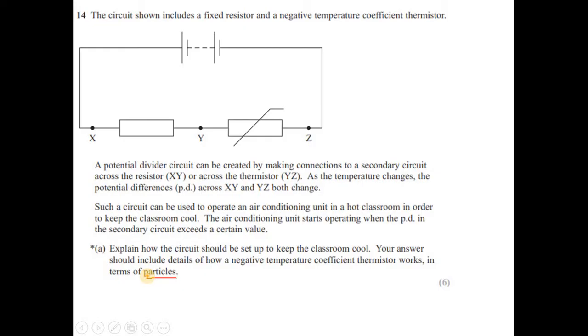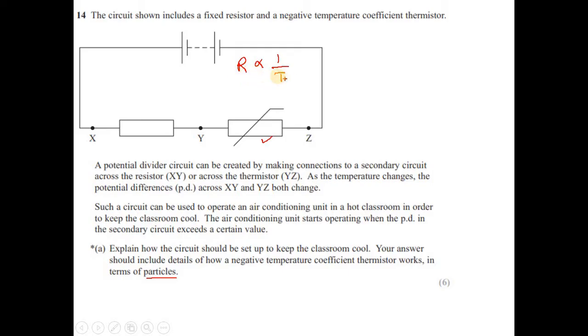So you remember that the thermistor, which is this component, has a resistance that depends on temperature. Generally we say resistance is inversely proportional to the temperature. So if temperature is increased, resistance decreases.